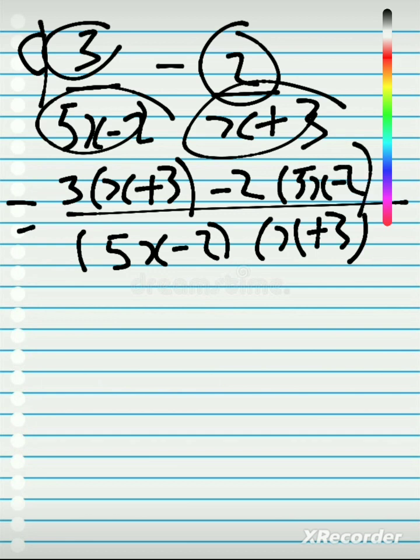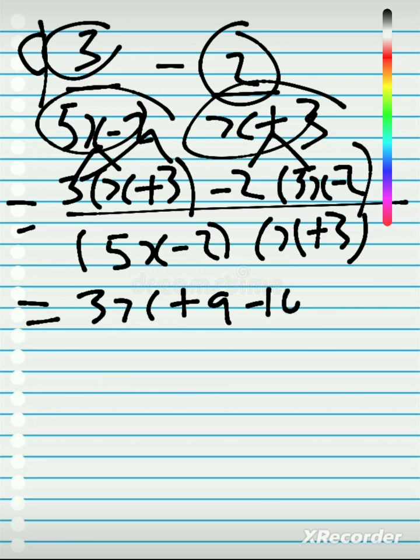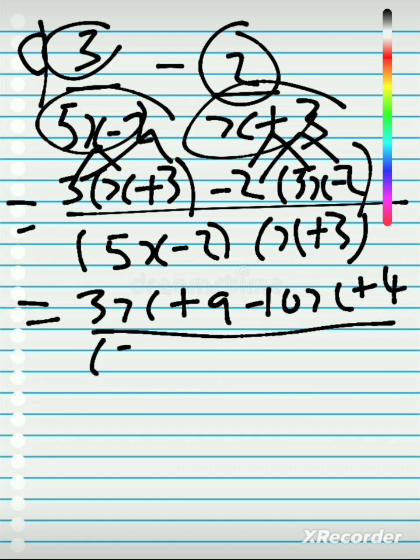Okay, start expanding the brackets. 3 times x, 3x, 3 times 3, 9, negative 2 times 5x, negative 10x, negative 2 times negative 2 is positive 4 over 5x minus 2, x plus 3.